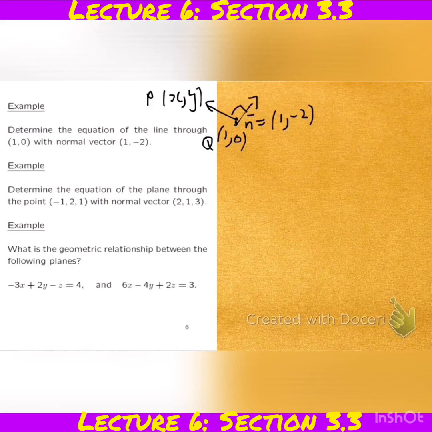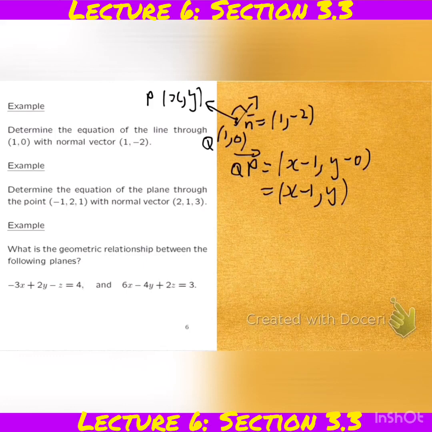So you're looking at all vectors that are going to be of the form QP, (x minus 1, y minus 0), which is (x minus 1, y).